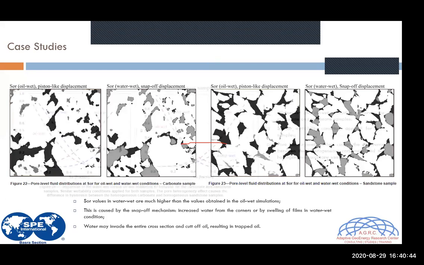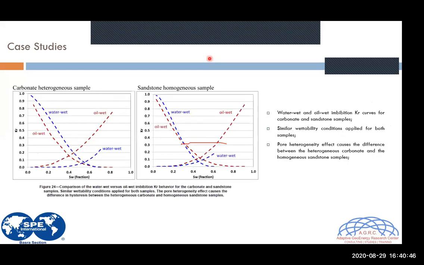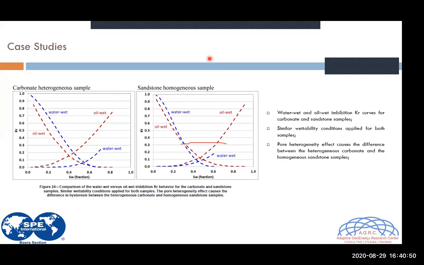Here again, just to show you some of the last results, they could compare water wet and oil wet scenarios for imbibition in this case. And it was part of the development during the workflow that they selected to confirm that they were working in the right direction, that they were performing the right simulations.